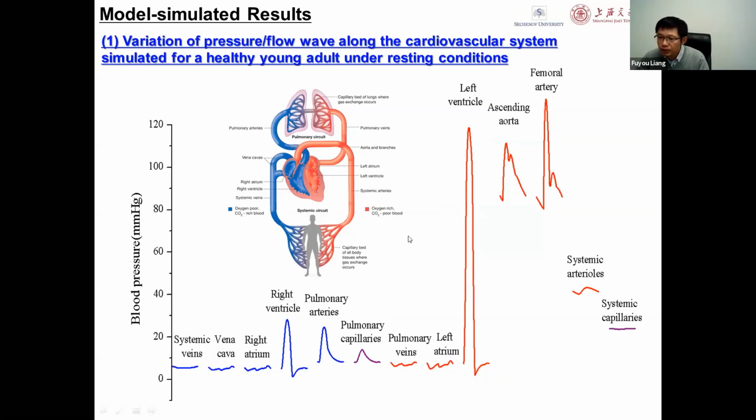Here, I just show some examples. For example, we can find that the largest pulse of pressure appears in the left ventricle, right? And the blood pressure becomes almost constant at the capillary level, and the pressure in the veins is very low with very weak pulsation.